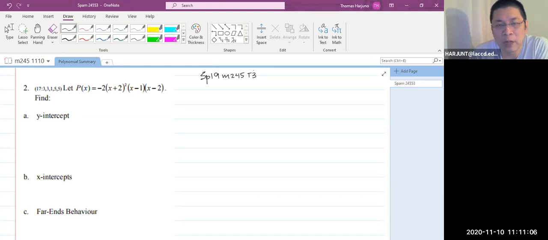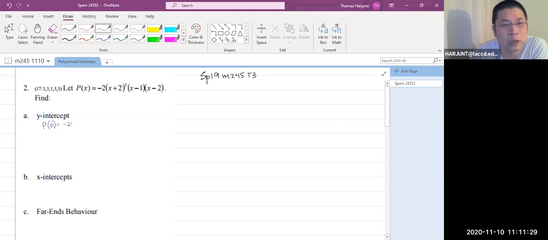Number 2 from that test: given a polynomial in factorized form. Once it is in factorized form, it is actually a lot easier to work on. For example, part A, let me use blue color so that you can see the difference between the problem and my solution. Find the y-intercept. So I need to find what is P0.